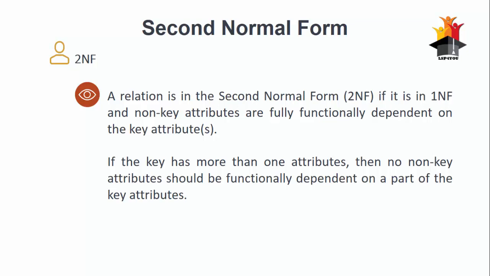In second normal form, actually, we need full functional dependency. All the non-key attributes should be fully functionally dependent on the key attributes. Actually, we are checking whether it contains any partial dependency or not. If the table contains any partial dependency, then you can say that it is not in 2NF. And if there is any partial dependency, we need to remove the partial dependency from the table.